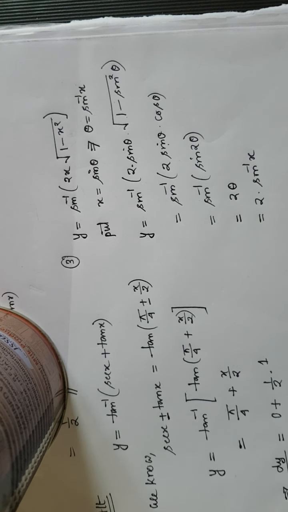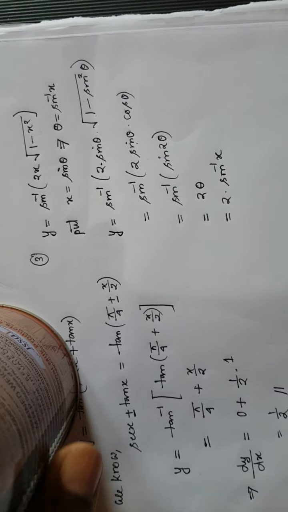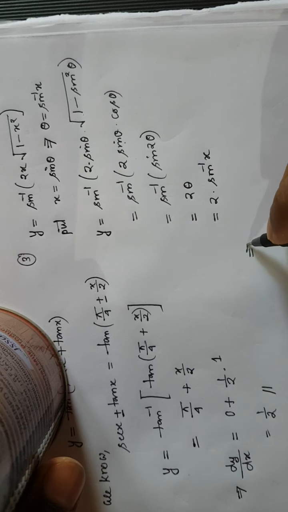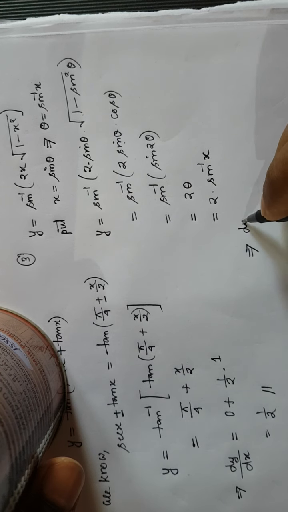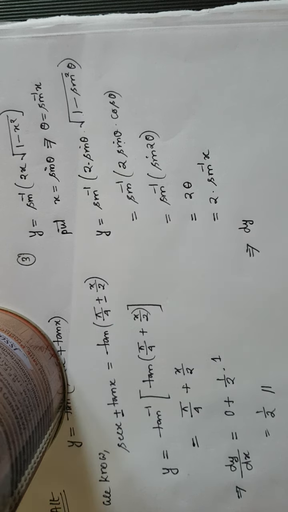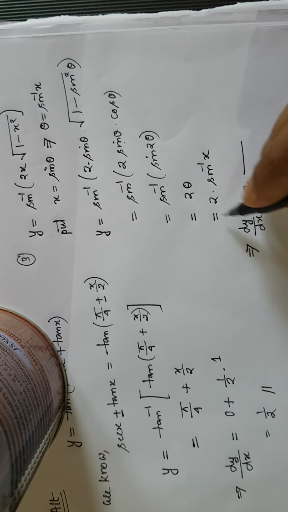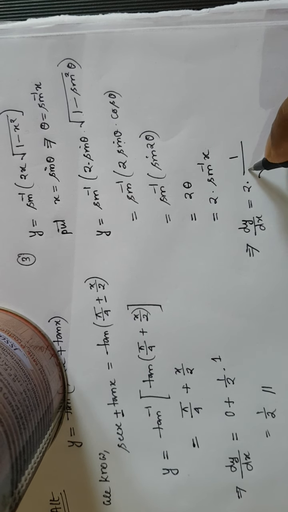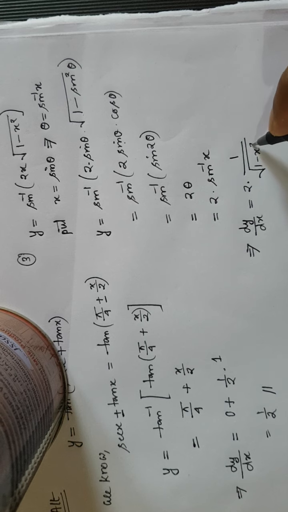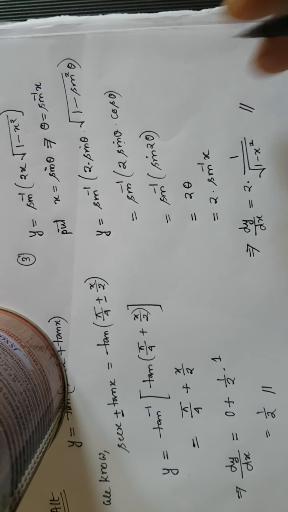As I already discussed in my last videos, the derivative of sine inverse x is 1 by root over 1 minus x square. So dy by dx is equal to 2, a constant, times 1 by square root of 1 minus x square. This is your solution.